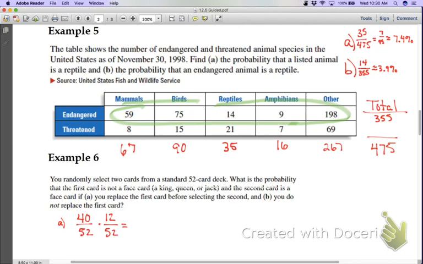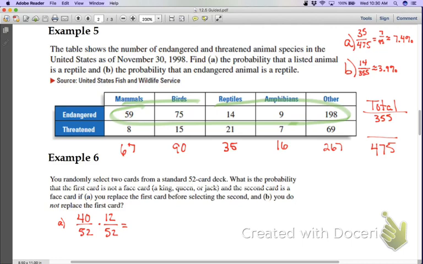So for this to happen, I'm going to take one, look at it. It can't be a face card, so it can be any of 40 cards. Put it back. Then the next one I want to draw is out of that 12. Again, you can simplify 40 out of 52 if you want. You can reduce it.